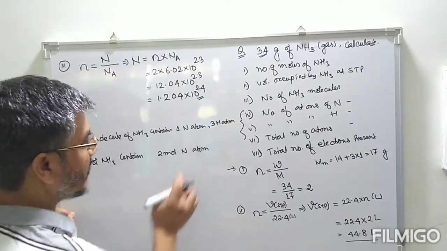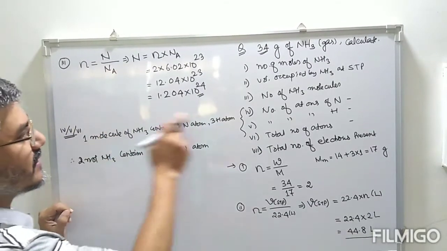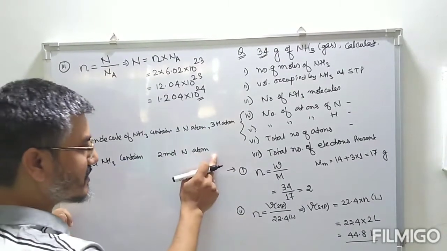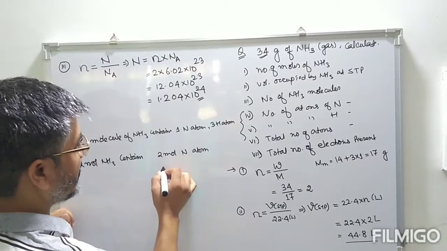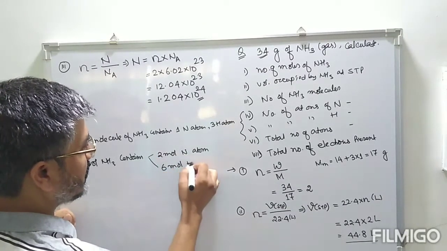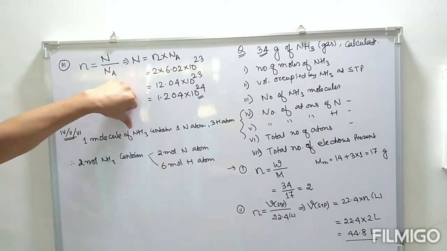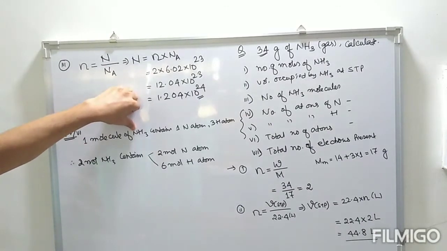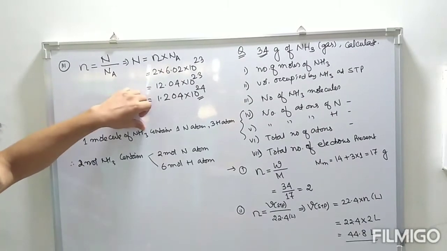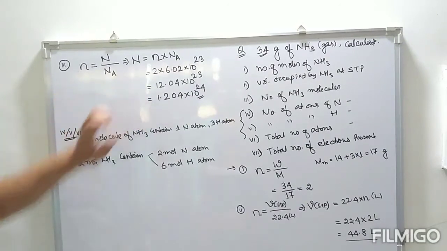And how many moles of hydrogen? If one molecule contains 3 hydrogen, 1 mole will contain 3 mole hydrogen, 2 moles will contain 6 mole hydrogen atoms. One molecule contains one nitrogen, so 1 mole will contain 1 mole. One molecule contains 3 hydrogen, so 1 mole will contain 3 mole. Therefore, 2 moles will contain 6.